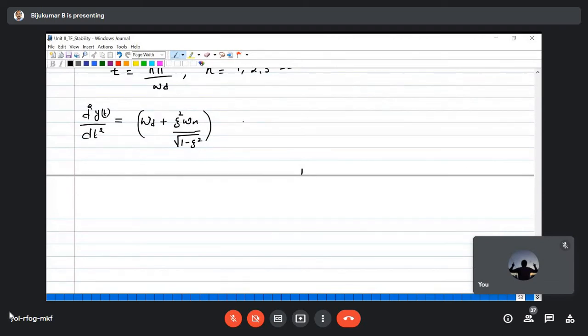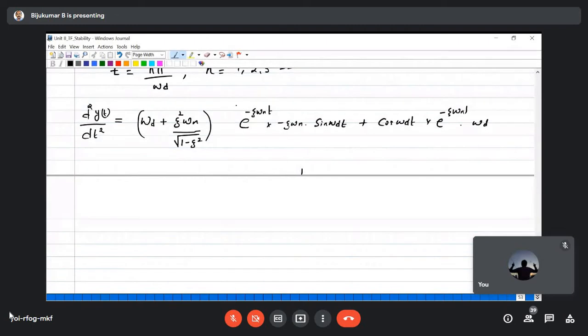So again, if you apply differentiation, you will get e power minus zeta omega n t multiplied by again minus zeta omega n, multiplied with sine omega d t, plus cos omega d t multiplied by e power minus zeta omega n t into omega d.